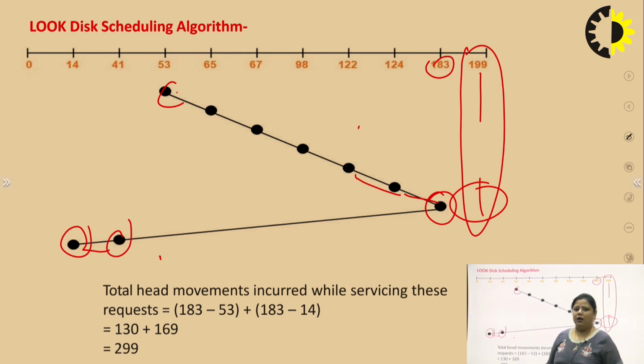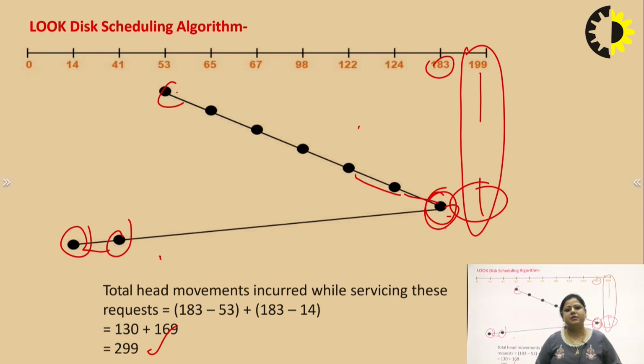It does not cover endpoints like 199 and 0. So what we'll do here: 183 minus 53 and 183 minus 14. So the answer is 299.